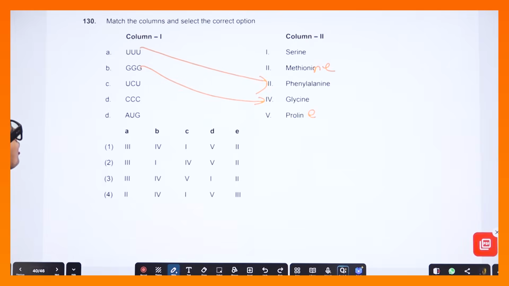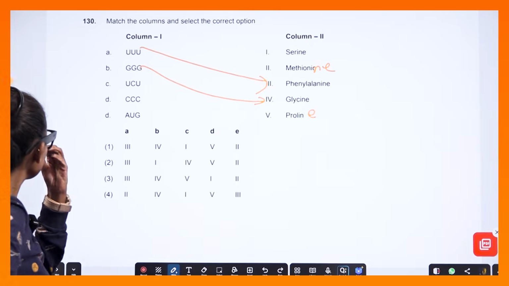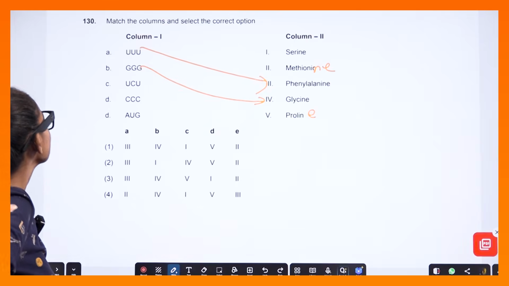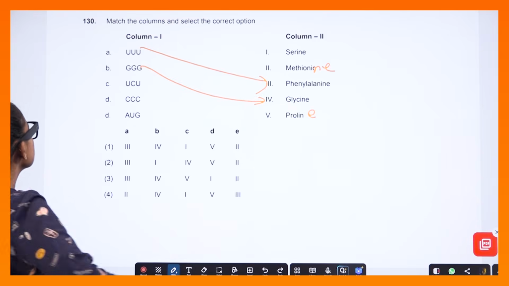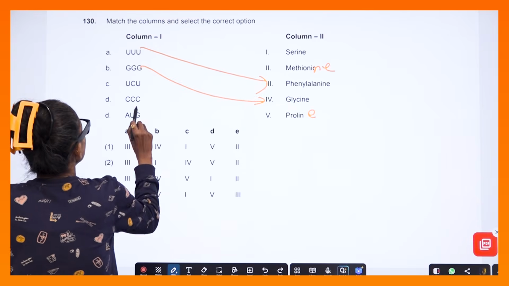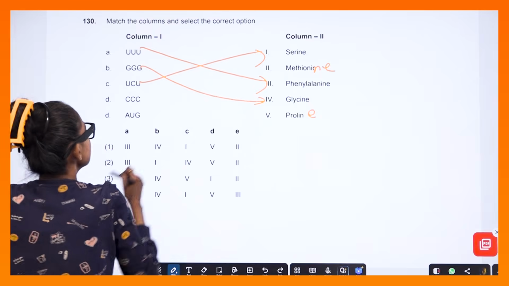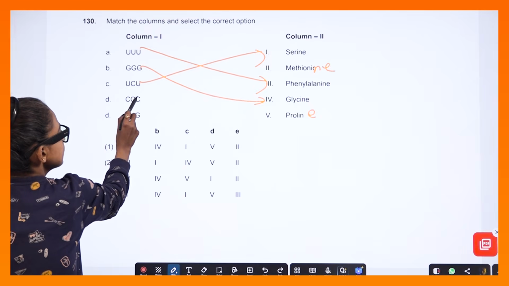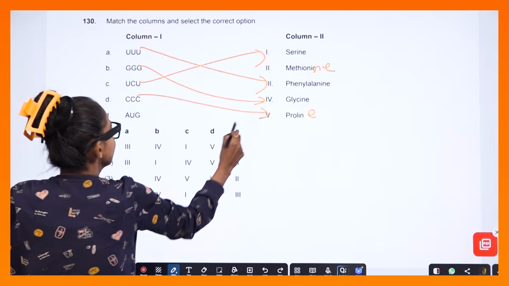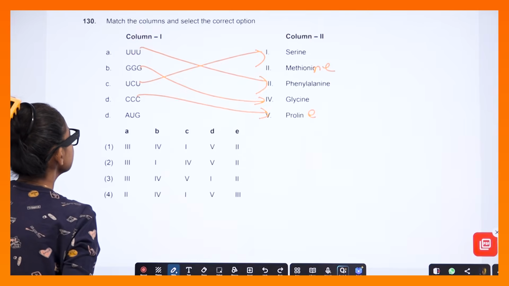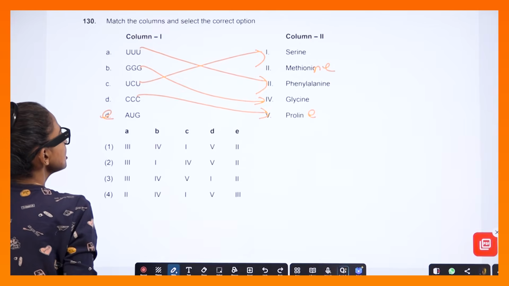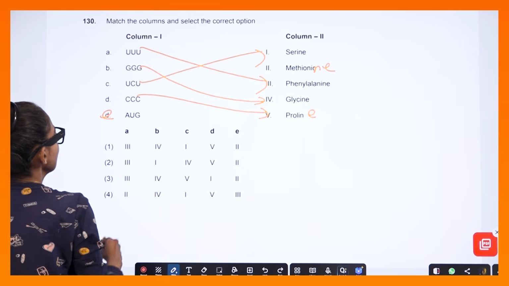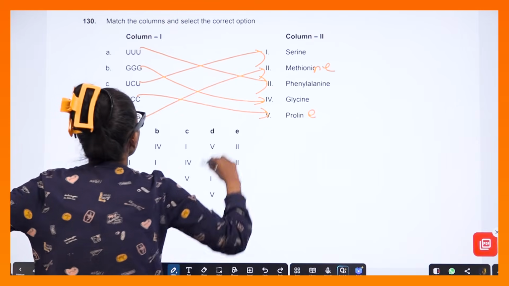Then UCU is there, and there is your CCC. So that means this one is serine, correct? And the CCC should be proline, right? And E, AUG should be methionine. So there you go.